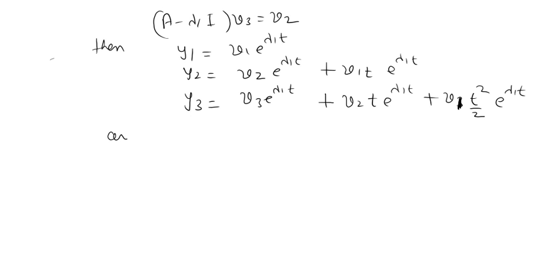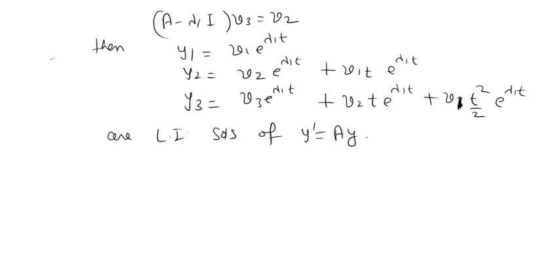So then y1, y2, y3 are linearly independent solutions of y' = Ay. The proof is similar to what we did in the previous result.